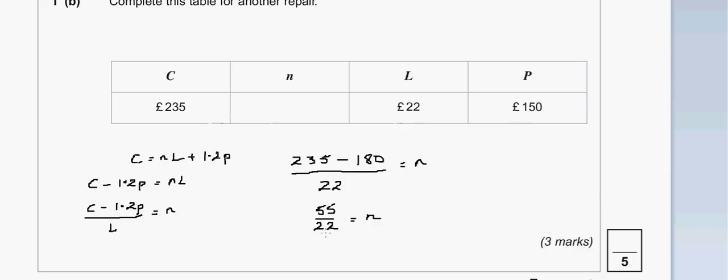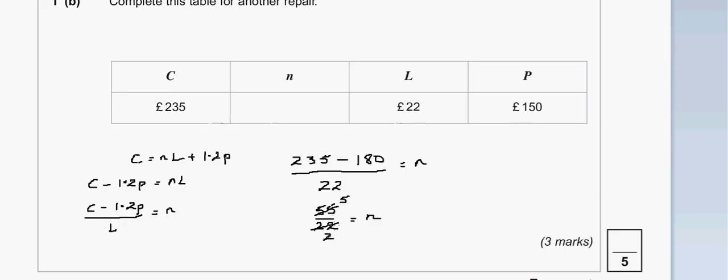Now we have this improper fraction, so we need to cancel this down. So what we need to know is, is there a number that will go into 55 and 22? Now I know 11 will go into 22, 11 will go into 55. So 11 will go into 22 twice, and 11 will go into 55 5 times. So this gives us 5 over 2.